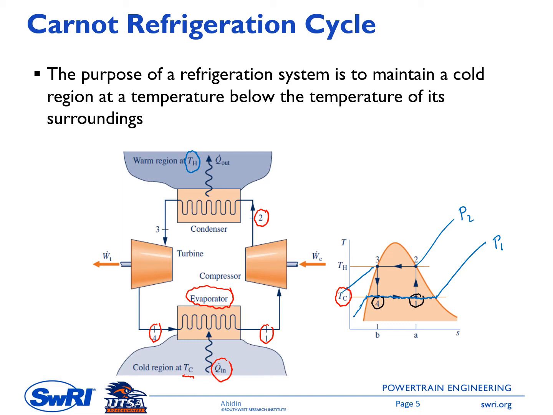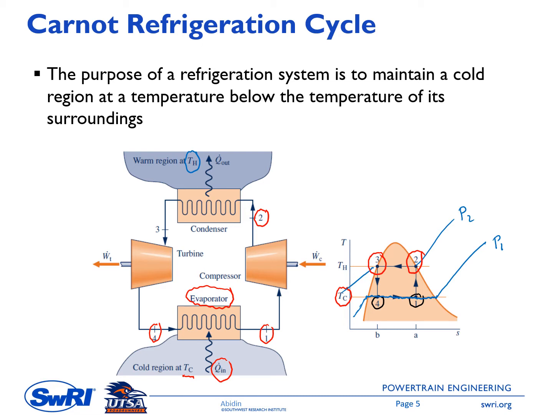In the TS diagram, you see that state 2 is at saturated vapor, at the dome line on the right side, and then state 3 is at saturated liquid, at the dome line on the left side.